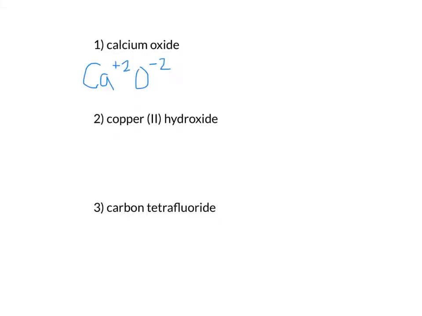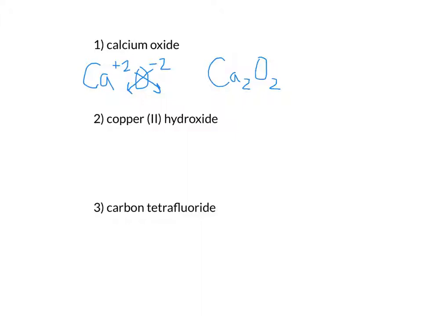So let's go back to our example here that we're working on, and we have Ca +2, O -2. Just like that example, I'm going to get rid of the charges, drop those numbers down and swap them. They end up being the same number here, so they both end up being 2s, but obviously if the oxygen was a 1, then calcium would get the 1.